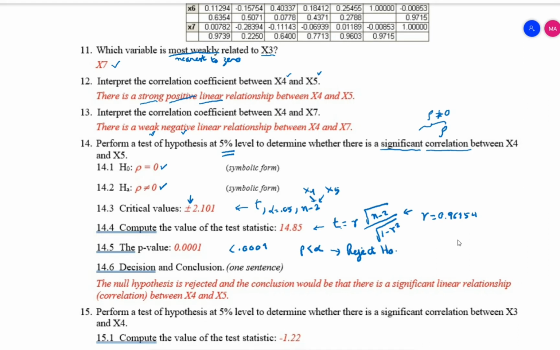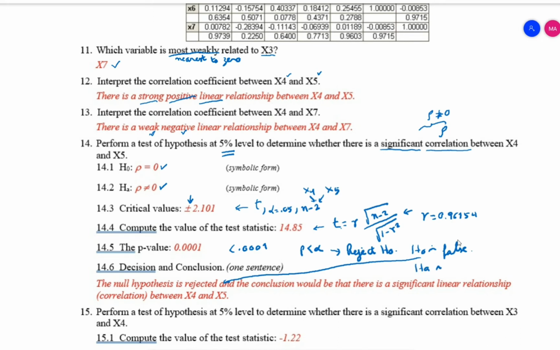Therefore, you write formally that the null hypothesis is rejected, and the conclusion would be that rejecting H0 means H0 is false. So this is the conclusion. H0 is false and that is the decision. H0 is false.